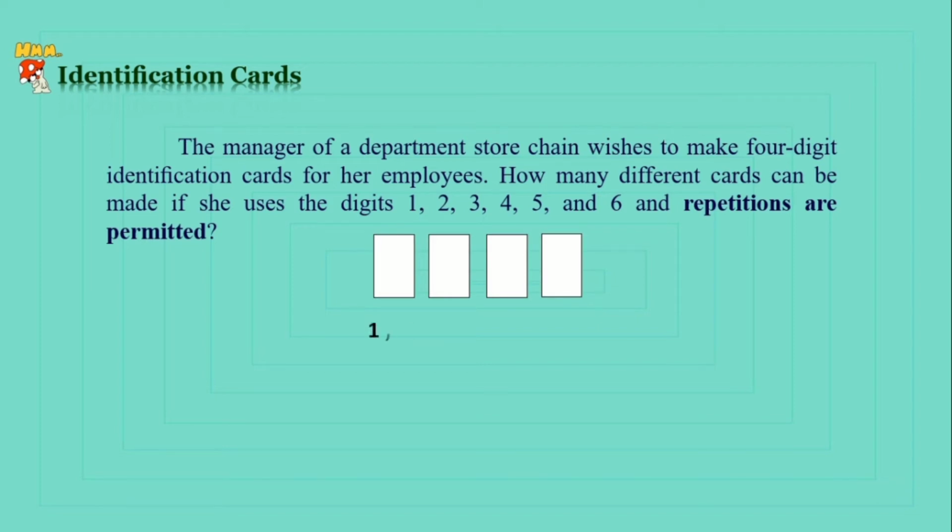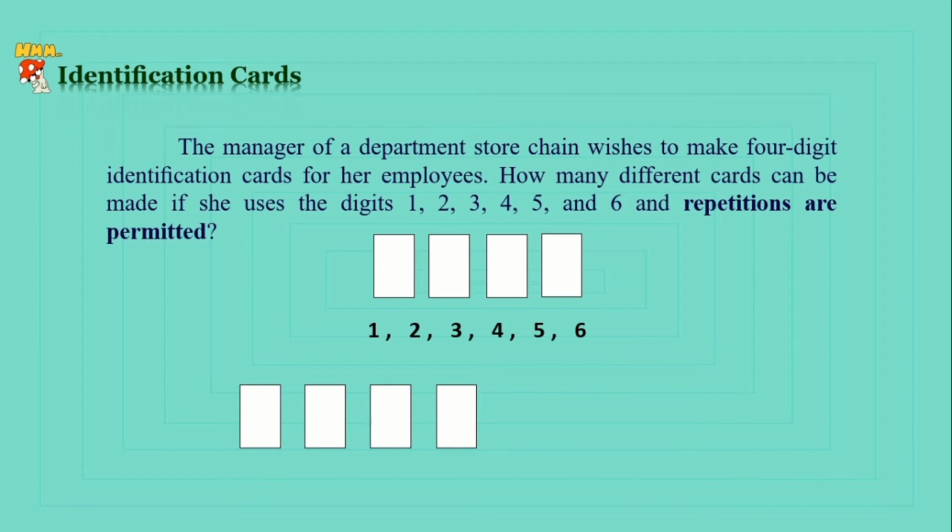Since we have 4 spaces to fill on each card and there are 6 choices for each space, the 6 digits can be used in the first space. And since repetitions are permitted, we can also use the 6 digits in the second, third, and fourth spaces.